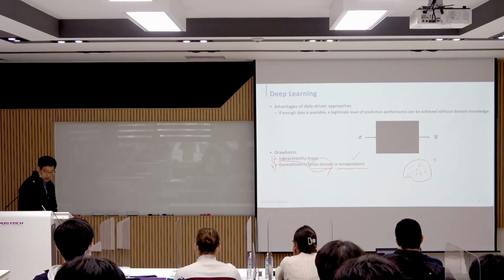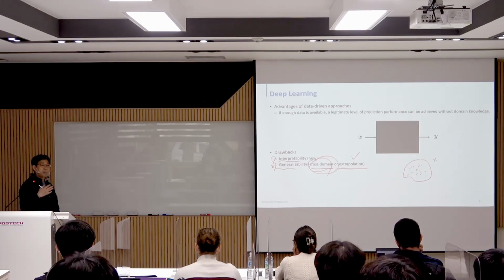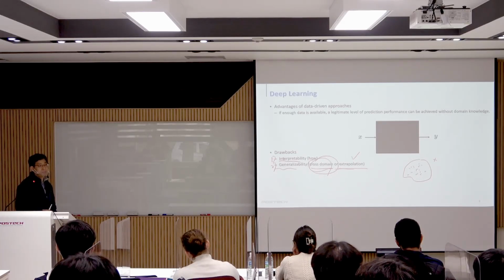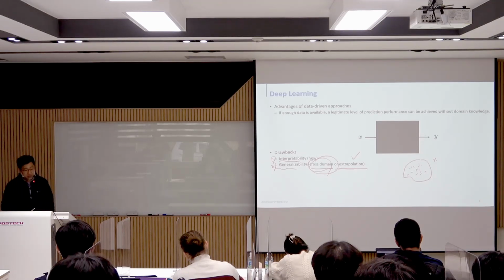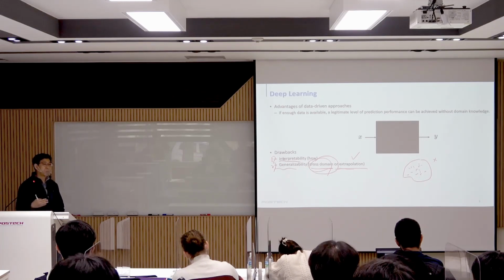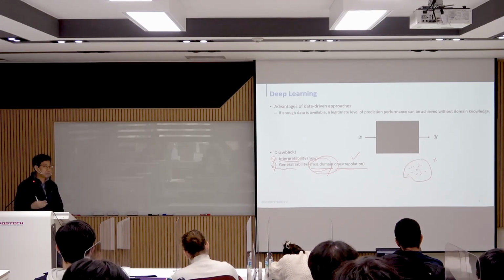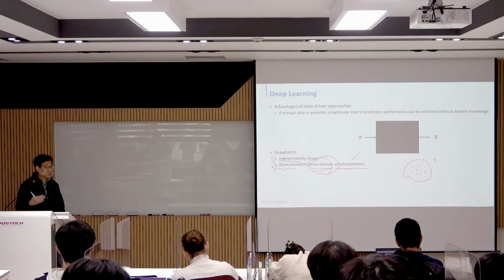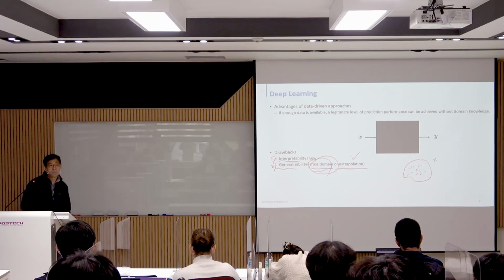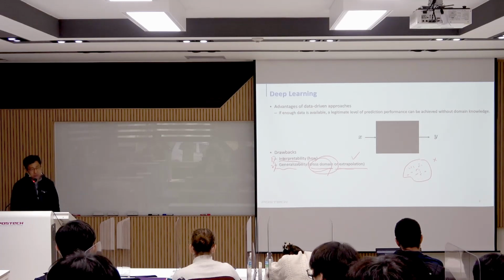In that case, it's a lack of generalizability. It really depends on your training data set. So those two are general drawbacks of data-driven approaches. The first is lack of interpretability, and the second is lack of generalizability. Those are the issues we have.